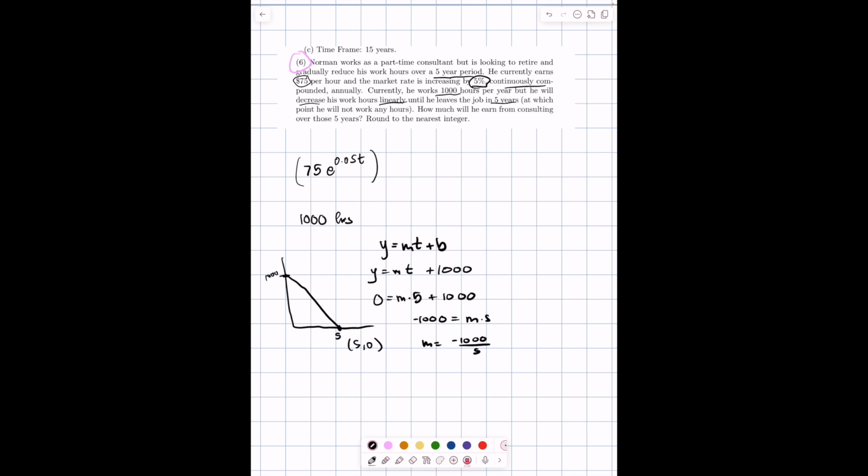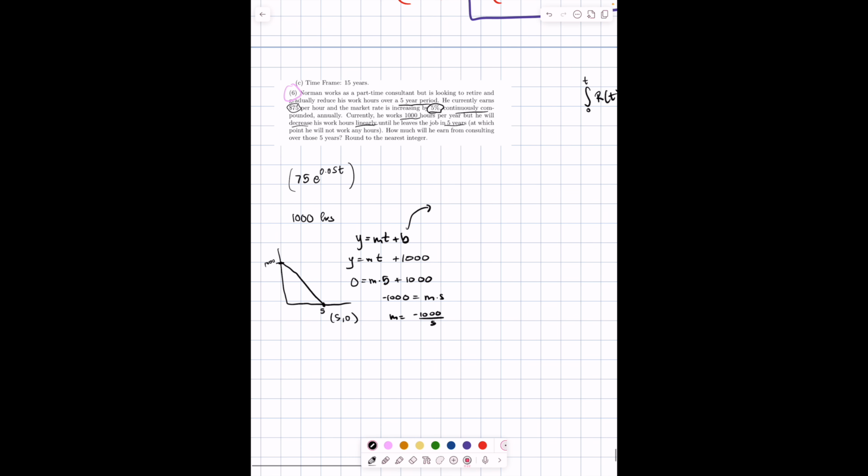And that's exactly what the professor wrote. So y is then equal to negative 1,000 over 5 t plus 1,000.